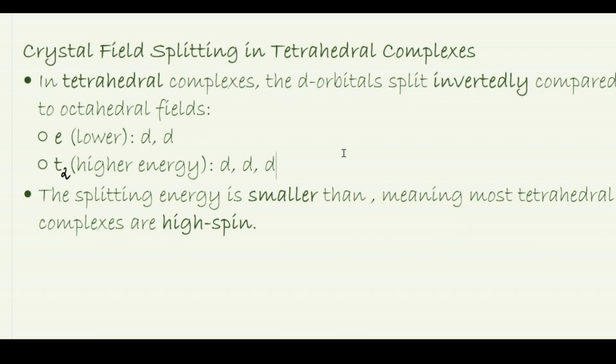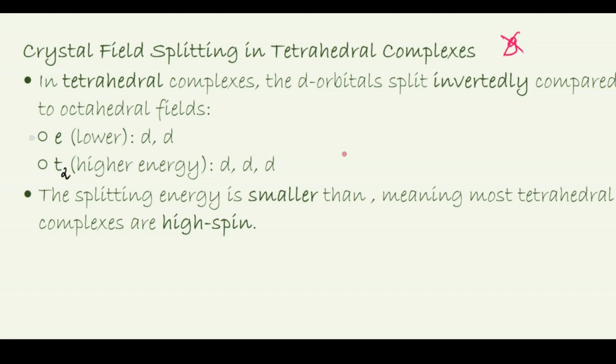Let's see about tetrahedral complexes also. For tetrahedral, we have E and T2. We don't have g here because tetrahedral is not symmetric in nature. The structure is not symmetric. G refers to gerade, which is for symmetric objects only.